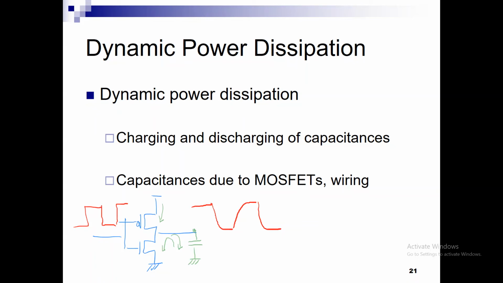So if the output is being discharged and then it is being charged, the operation of charging and discharging is going to dissipate some energy, and then when everything is steady, the circuit itself will dissipate some static power. Here the output has fully reached VOL, there is no more energy going to the capacitor, it is as if we are in DC.